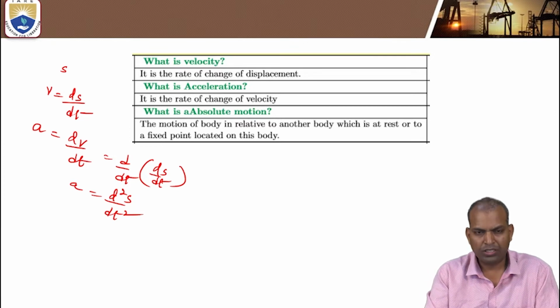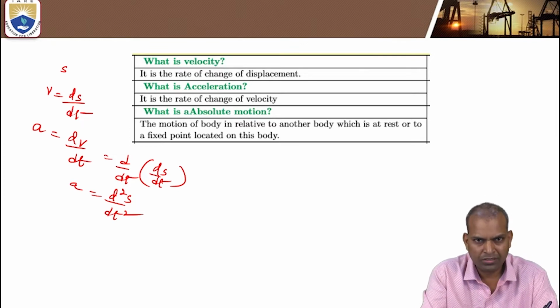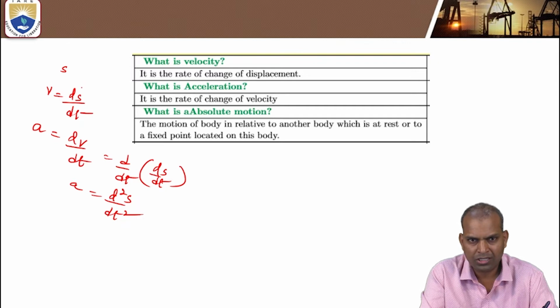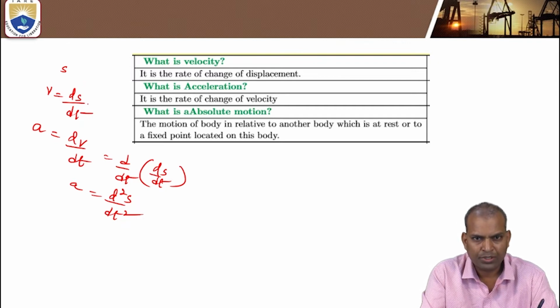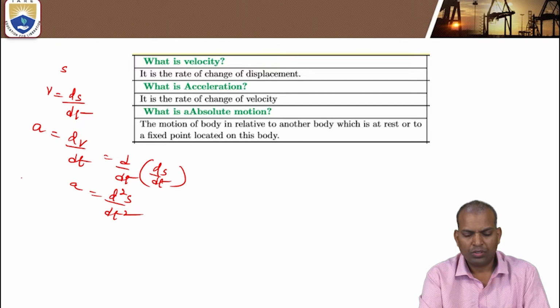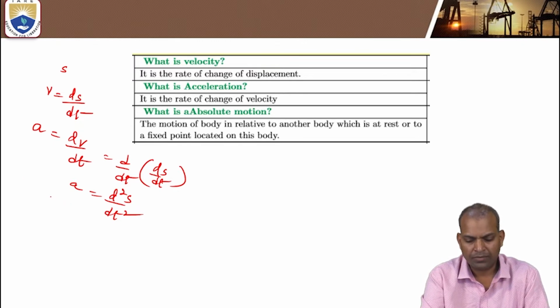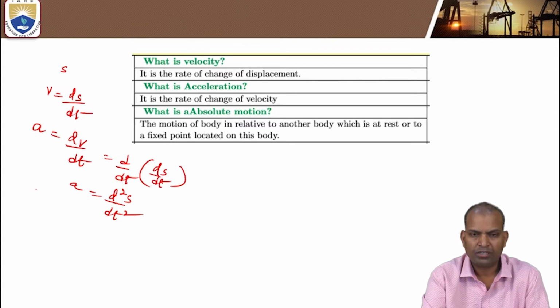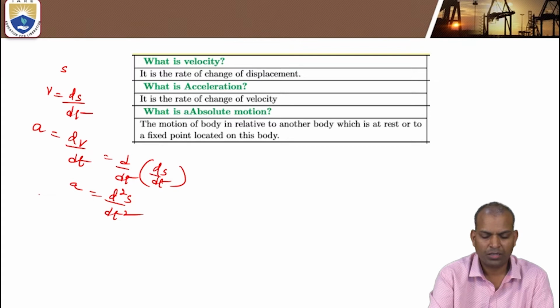And here, a very important term in drawing the velocity and acceleration diagrams is: what is absolute velocity, what is relative velocity, and what is absolute motion. The motion of a body in relation to another body which is at rest, or to a fixed point located on this body, is known as absolute motion.